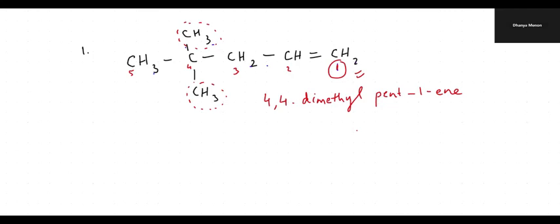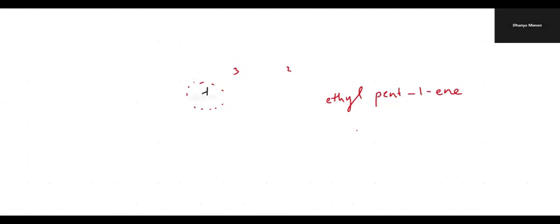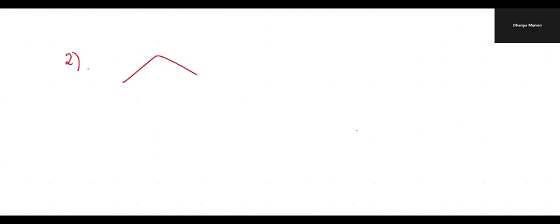Coming to the next question. Question number 3. The bond line structure. Now you will be knowing that for a bond line structure, each of these ends is representing a carbon atom.